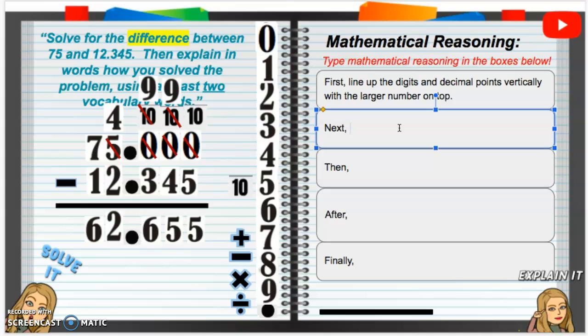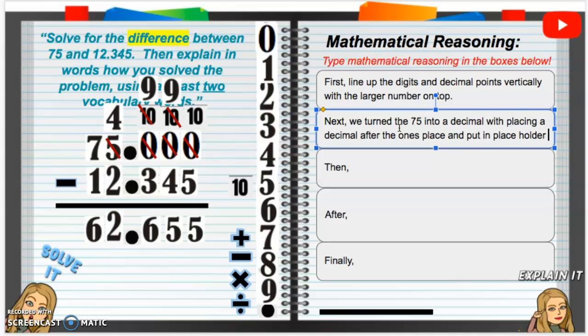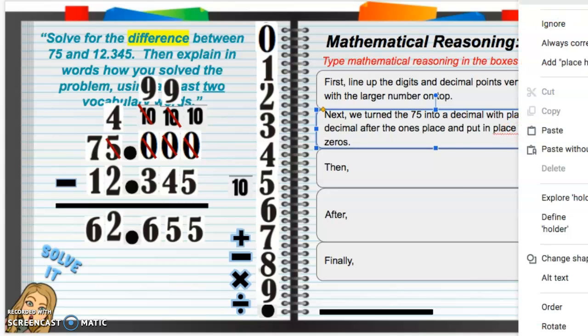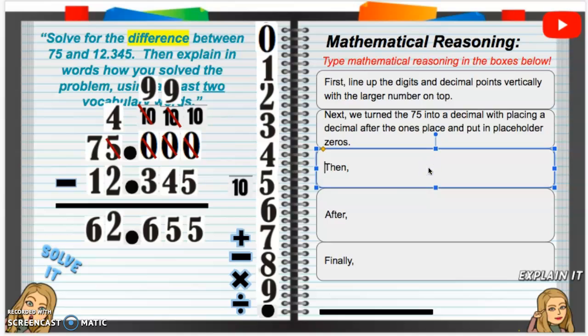What did we do next? We turned the 75 into a decimal by placing a decimal after the ones place and put in placeholder zeros.